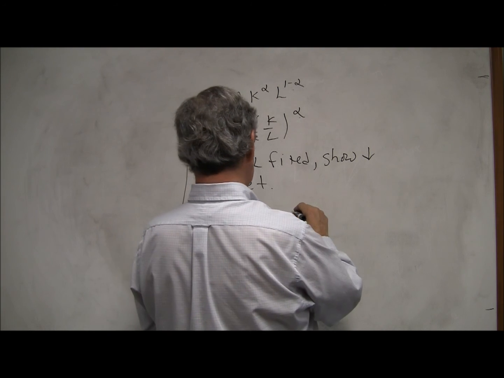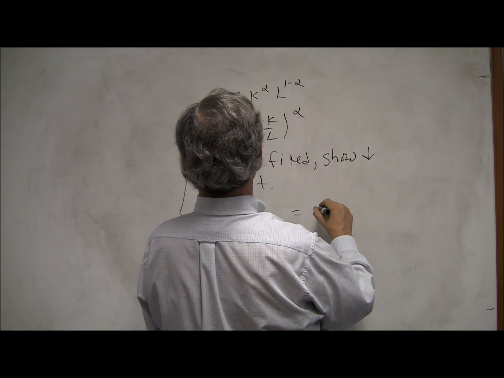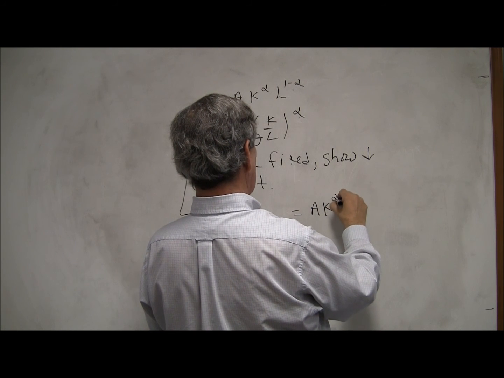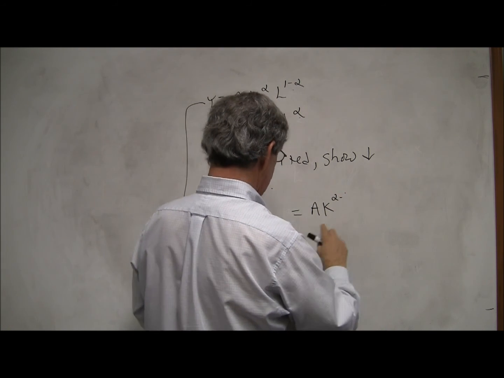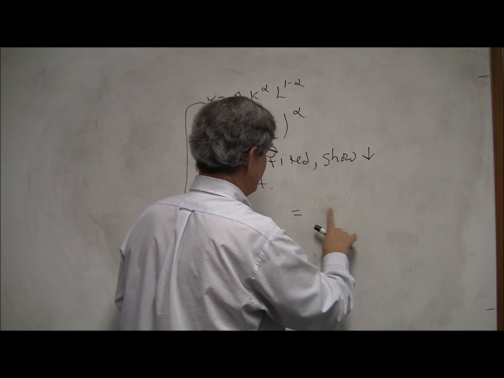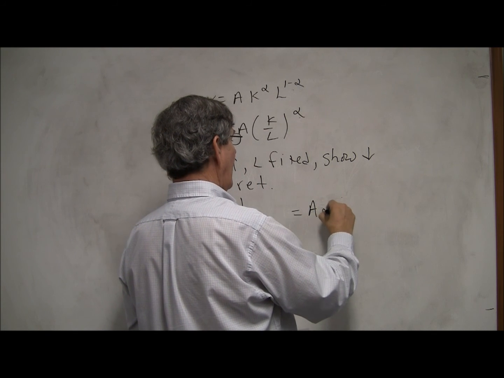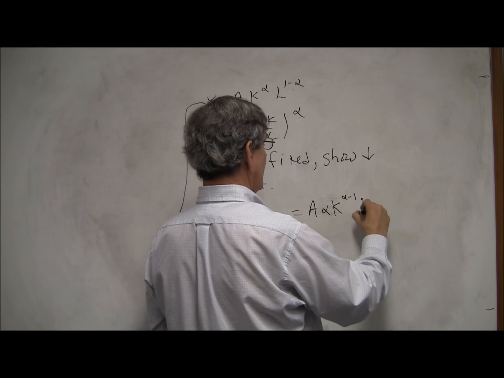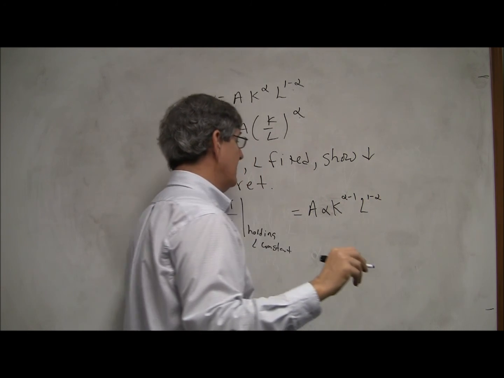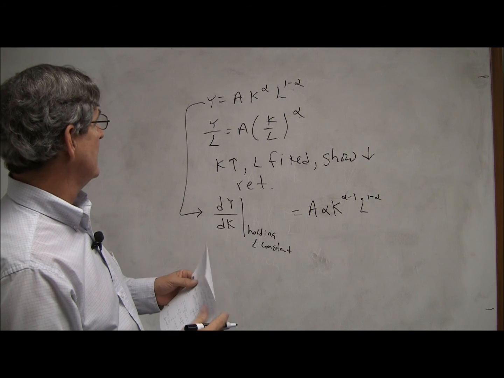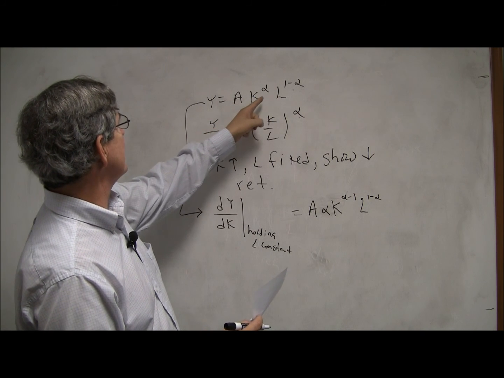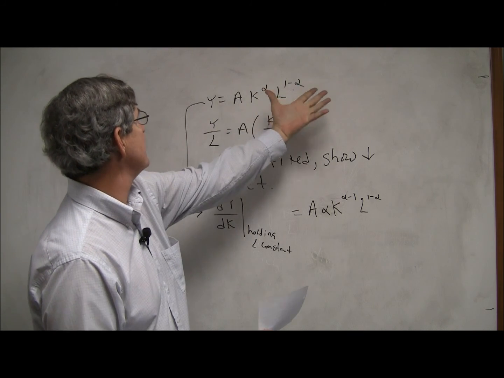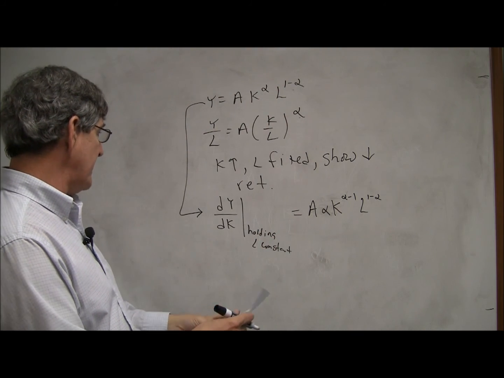So that's going to be equal to A alpha k to the alpha minus 1 L to the 1 minus alpha. We'll differentiate with respect to k, so bring the alpha in front, it's k to the 1 lower power times this. So that's what you get.